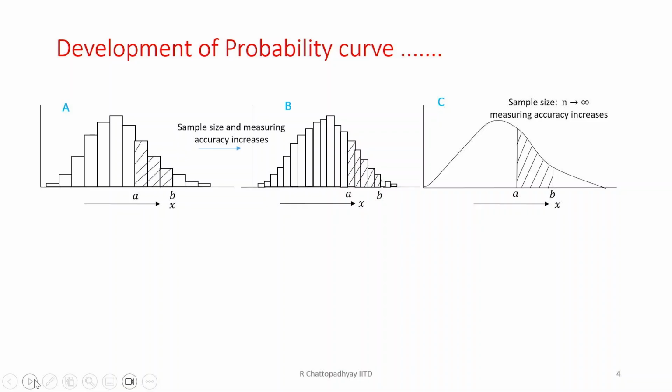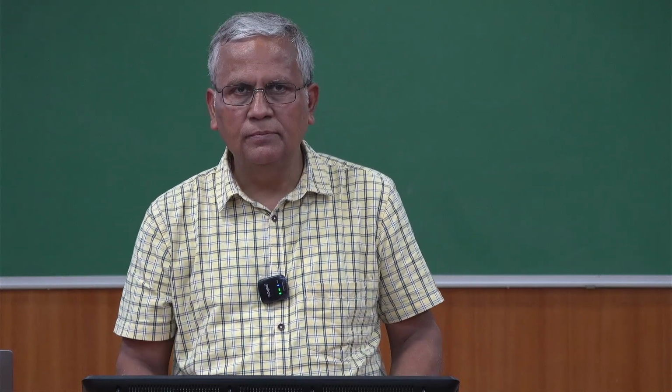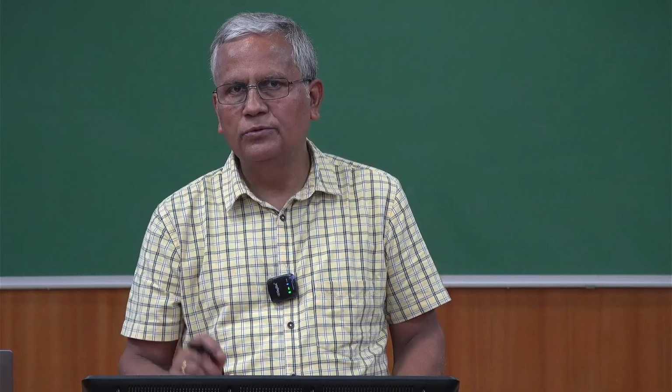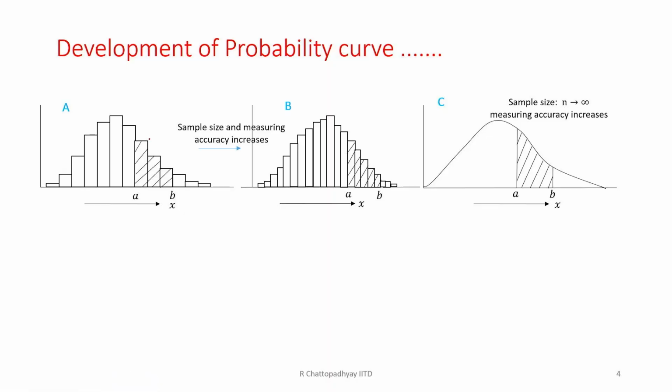So this is how, first of all, if we want to visualize the pattern of the data points, we have to find out a frequency distribution, then you plot them in the form of a histogram, and if you keep on reducing the width, as it is shown here, as you go from A to B, B to C, we get almost like a net, and if we draw this outline, gradually it will look like a smooth curve.